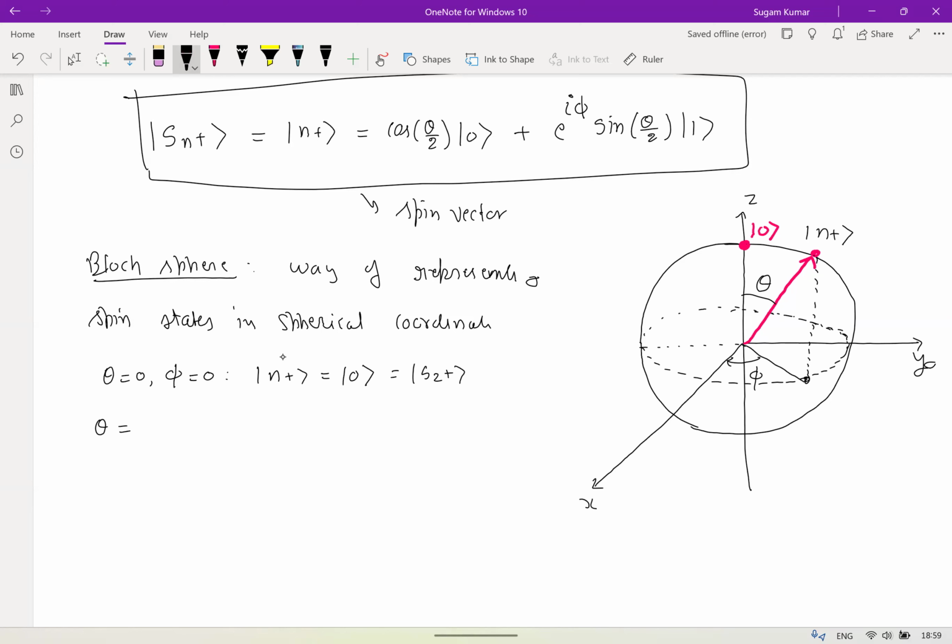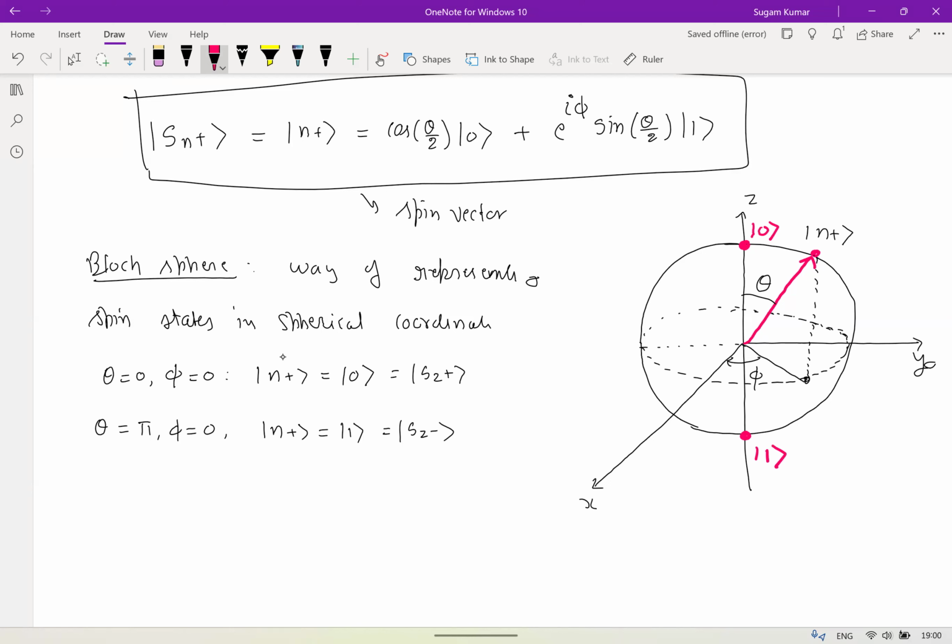Now look at when theta becomes pi and phi is again 0, then this |n+> is going to become what? Look at the equation. This becomes 0, that is going to be simply |1>. Nothing but |Sz negative>. So you can see that on this Bloch sphere, this is the point representing the state 1.